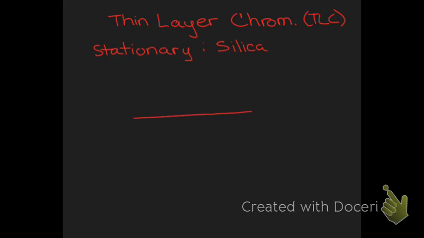and so what this basically looks like is it's a really, really thin plastic plate that has a very, very thin coating of silica sitting on top of it. So that's your stationary phase. Your mobile phase is just going to be a mixture of solvents.